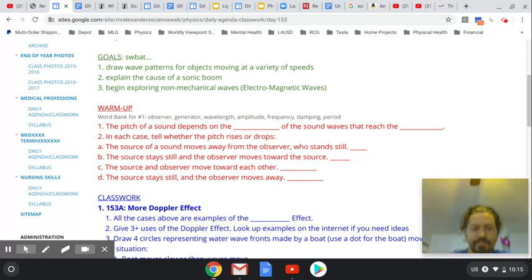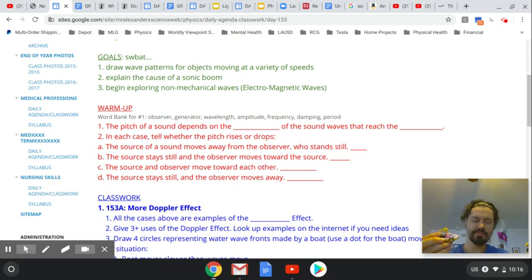Okay. Number 2. In each case, tell whether the pitch rises or drops. So here we go. The source of the sound moves away from the observer. All right, so here's the observer, and here's the sound. It's going to move away.